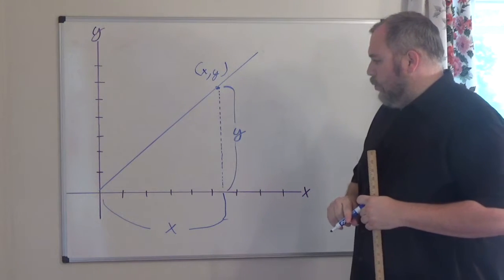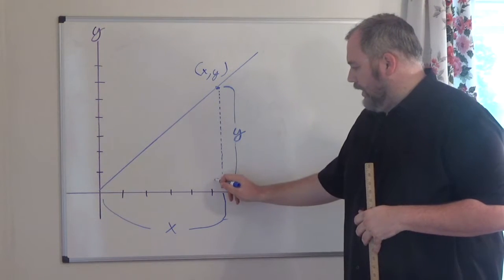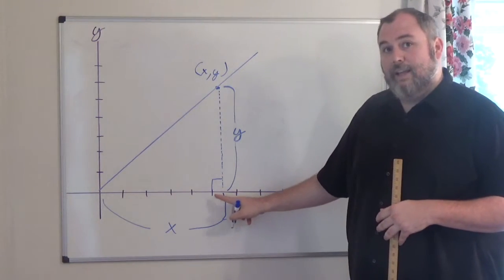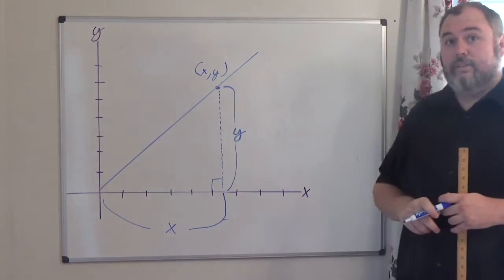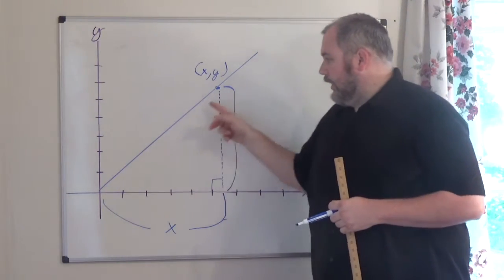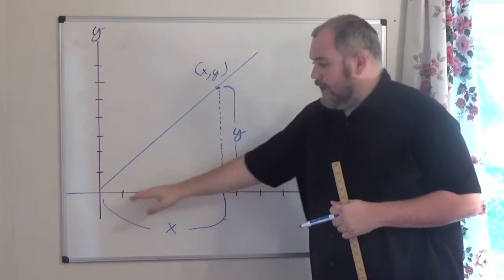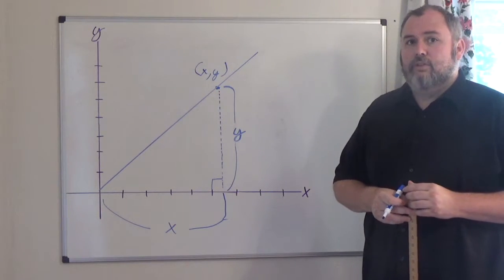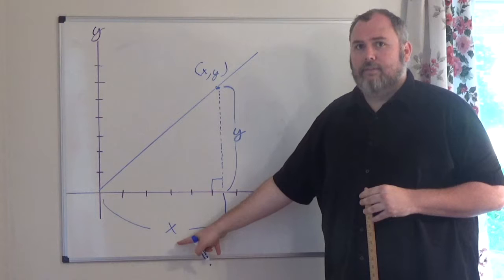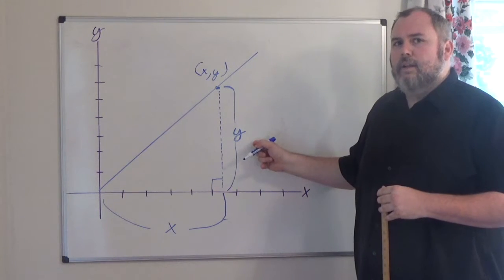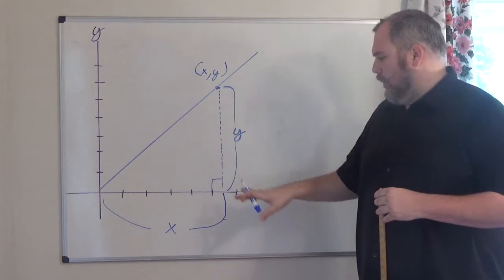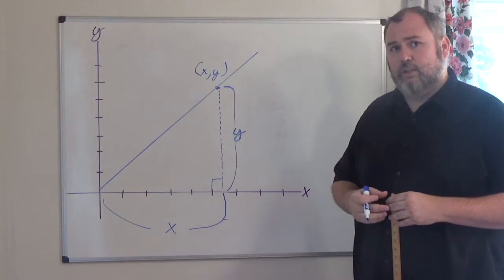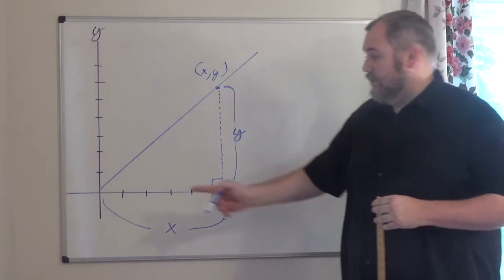We notice that this vertical line makes a perfect 90-degree angle with our x-axis. So what do we see? Well, we have a line here, we have a line here, and then the x-axis, and what we actually see is basically a triangle. So if we know the x and we know the y, and we know that this is not just any type of triangle, it's what we call a right triangle, we can actually find the distance between here and here.